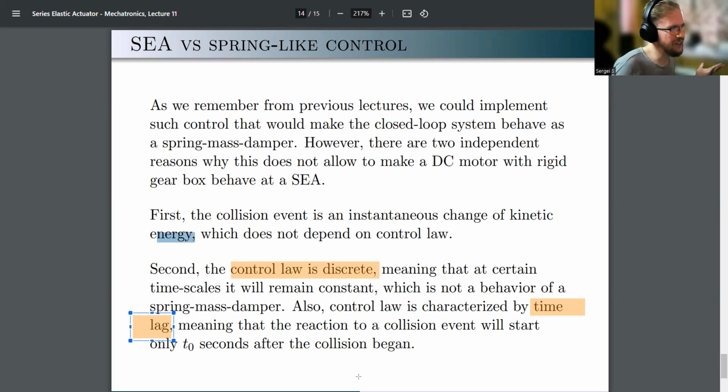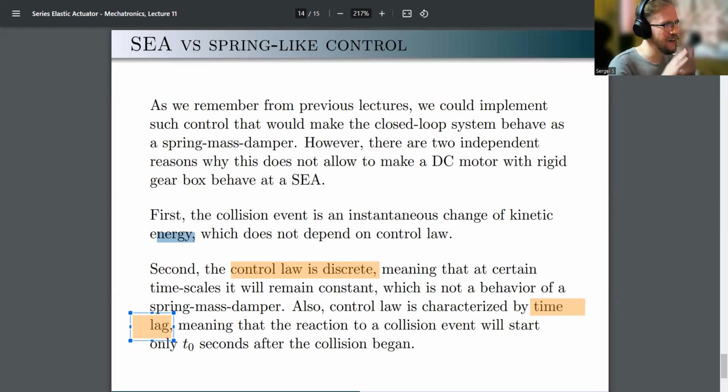On this time scale, your PID control and your other control loops would have enough time to react. Your discretization time step is not going to be a huge problem. Your time lag is not going to be a huge problem. So on those time scales, using series elastic actuator is unnecessary because you can do everything programmatically.